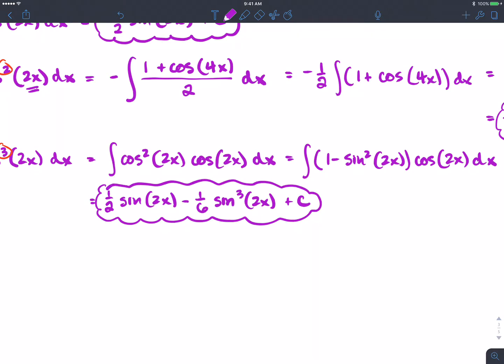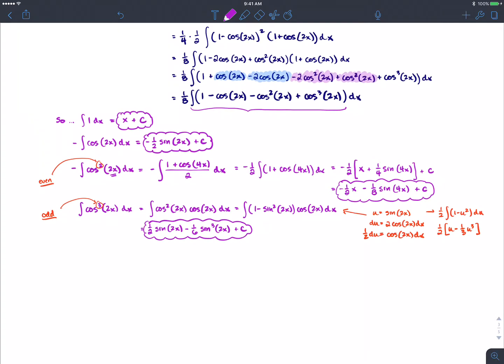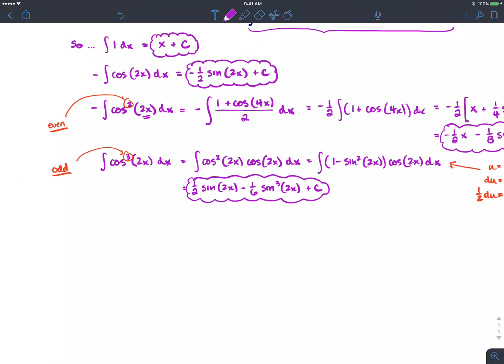And that's our last integral. All right, so let's take a breather here to reassess what we've done. We've gone from that original integral up here, and we have individually integrated each of those 4 components of the integrand. And now it's time for us to put them all together and wrap this up.